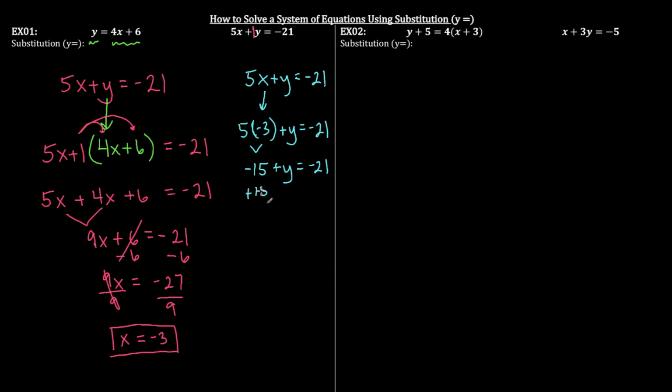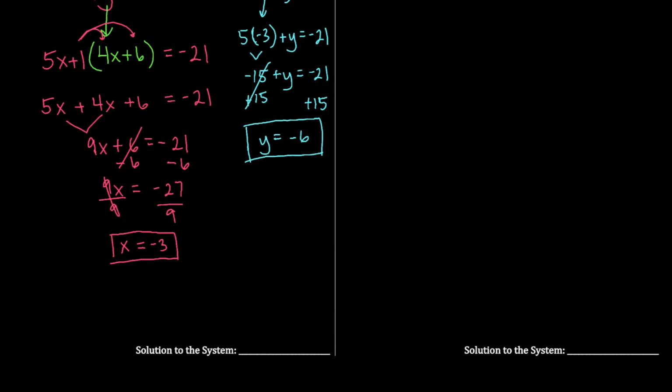And then I add 15 to both sides. And then I get y equals 15 minus 21 is negative 6. Okay. So the solution to my system is x comma y, so negative 3, negative 6.